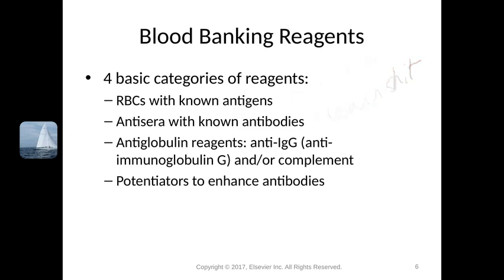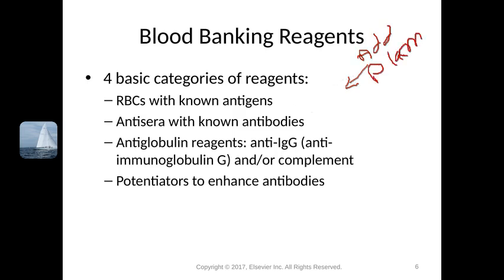So your red cells with known antigens. These are reagent red cells, okay? Reagent red cells. And these reagent red cells have known antigens, so we are going to compare our patient plasma. Here, to this, we're going to add patient plasma.